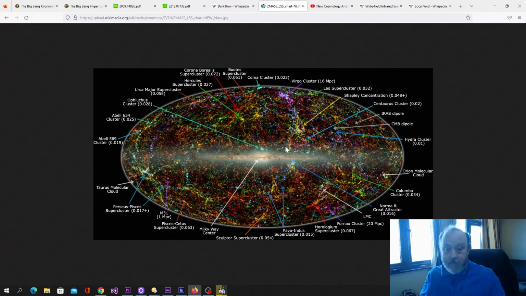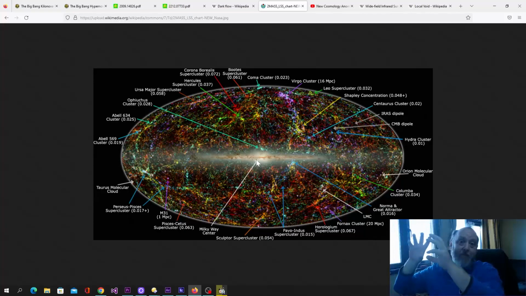Being on one side of the Milky Way galaxy, we have to view across its expanse before we even see out towards this supercluster in the direction of Shapley, or a supercluster of galaxies that is beyond the observable horizon.